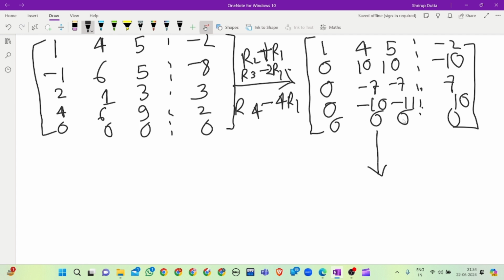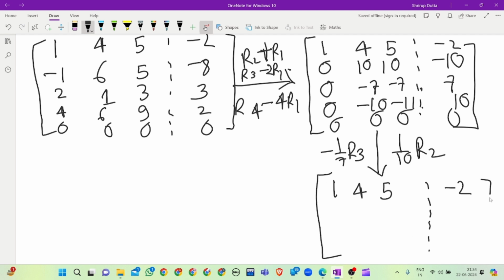Now let's take 1/10 R2 and -1/7 R3. We will have 1, 4, 5, -2 in the augmented portion, which equals 0, 1, 1, -1; 0, 1, 1, -1; 0, -10, -11, 10 and 0, 0, 0, 0.